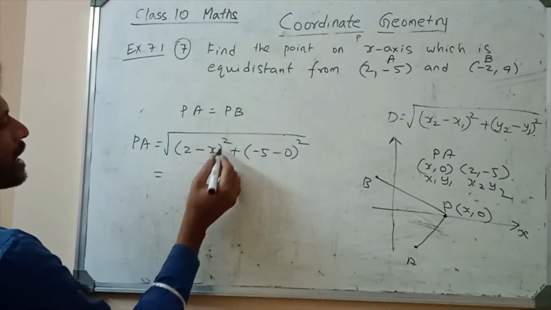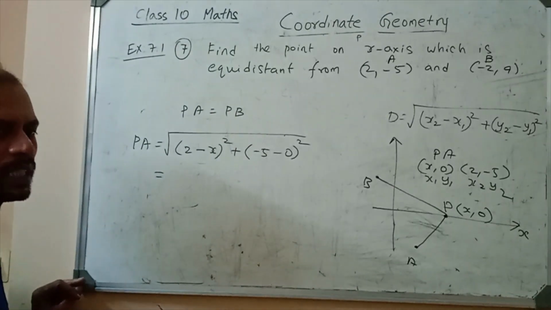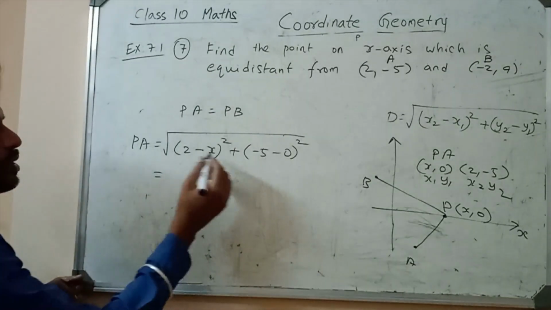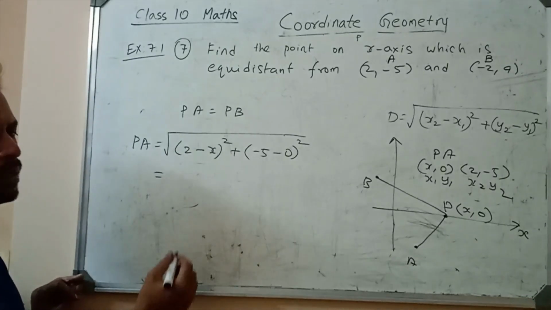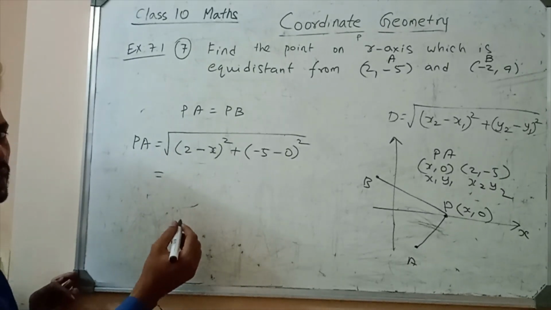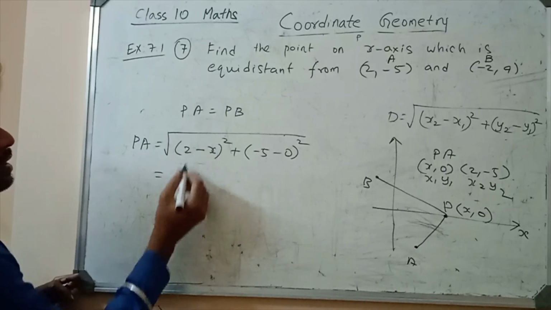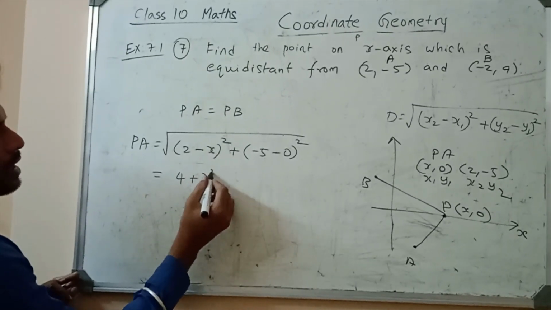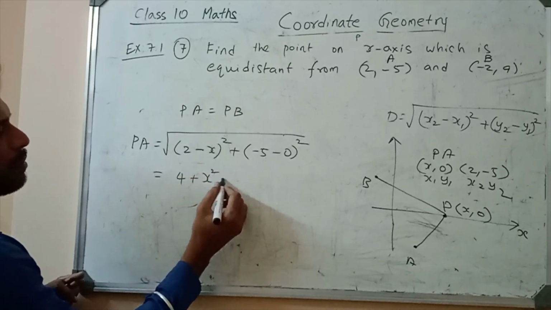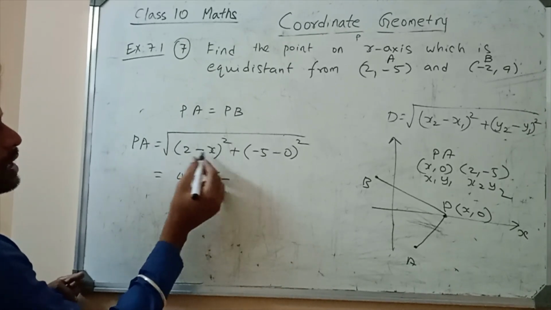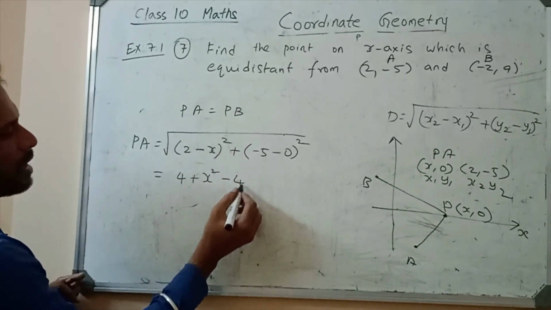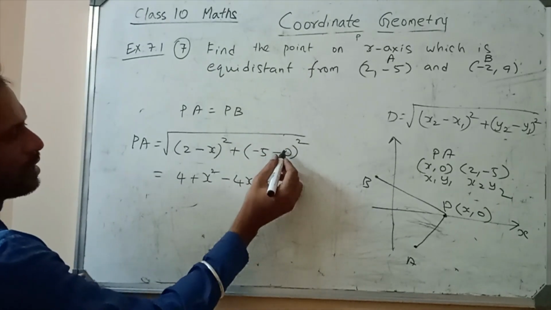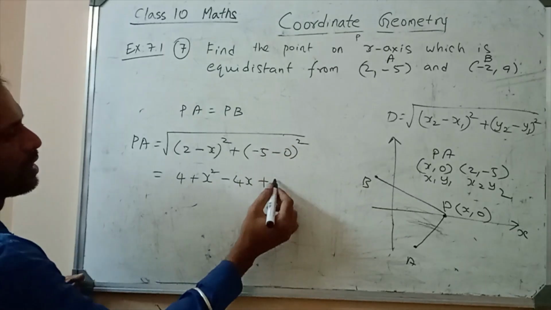That is equal to 2 minus x the whole square. I have to apply the a minus b whole square formula. A minus b whole square, what is it? A square plus b square minus 2ab. So a square means 2 square, 4, plus b square means x square, minus 2ab, minus 2 into 2 into x, 4x, plus minus 5 whole square, don't consider 0, is 25.